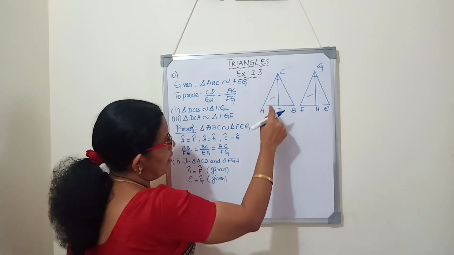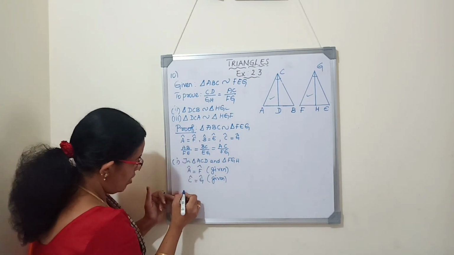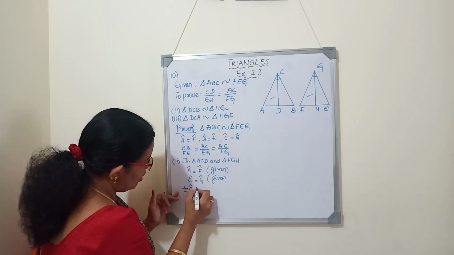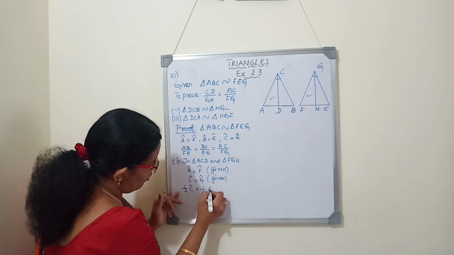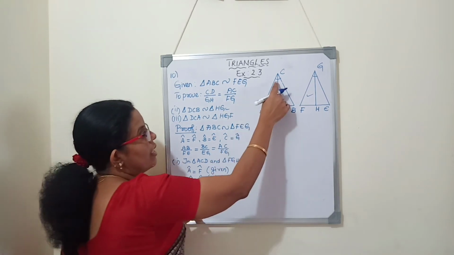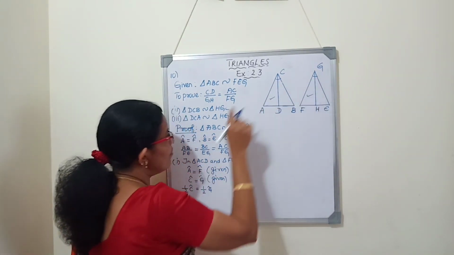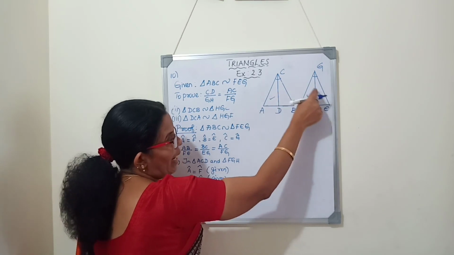Now we will multiply both sides by half: half C is equal to half G. It is already given that angle C is equal to angle G and CD and GH are the bisectors.